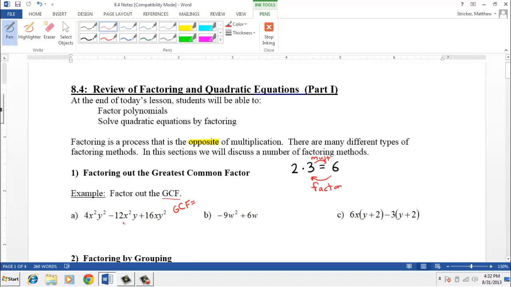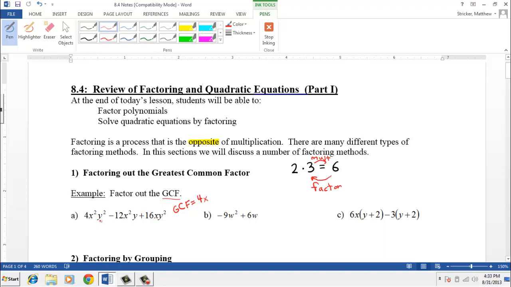The greatest number that goes into 4, 12, and 16 would be the number 4. And if we look at the x's, there's x squared, x squared, and x. There's only 1 x that'll go into all three terms, so we have to take the lowest power of x. We can only include 1 x.